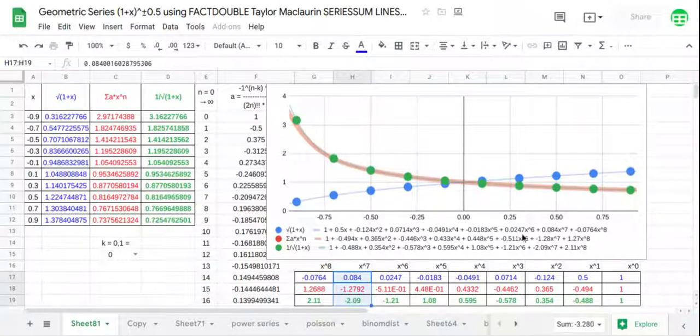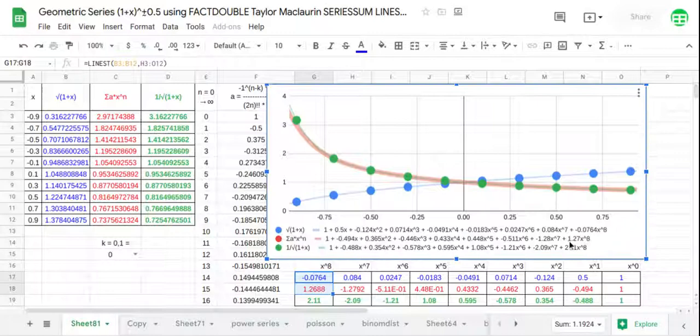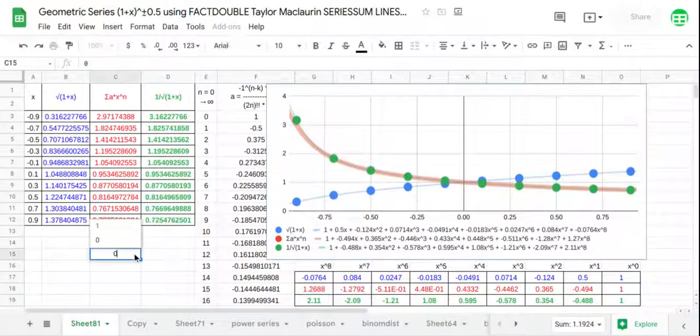Coefficient of x to the 7th, 0.084, minus 1.28, and minus 0.209. Coefficient of x to the 8th, minus 0.074, 1.27, and 2.11. Change this to k equals 1.